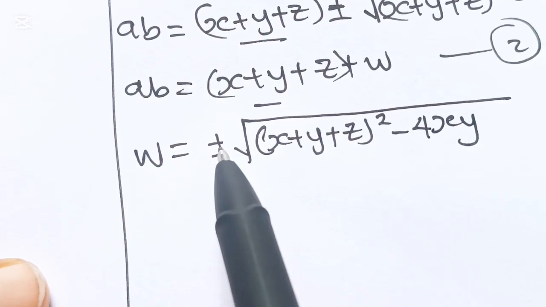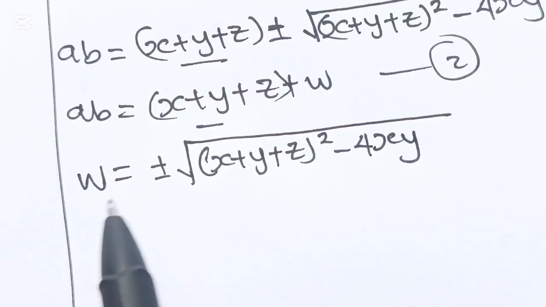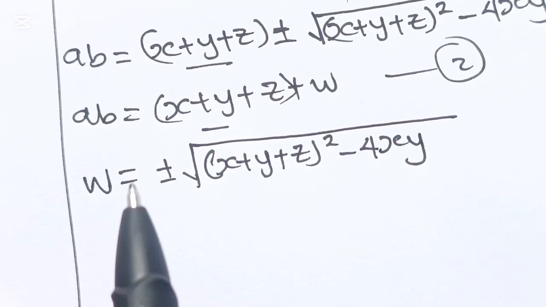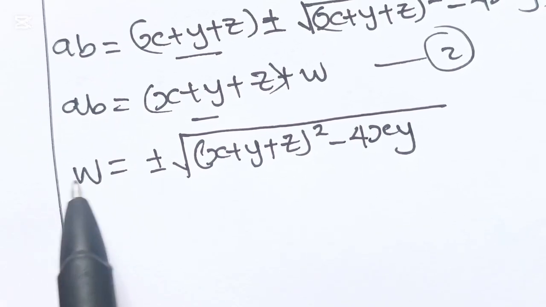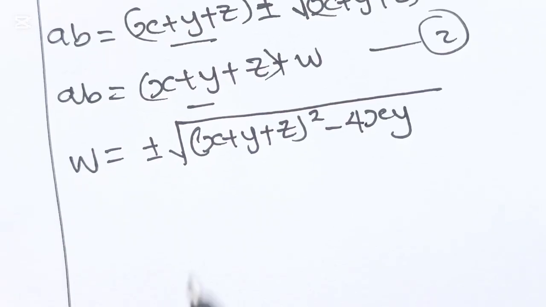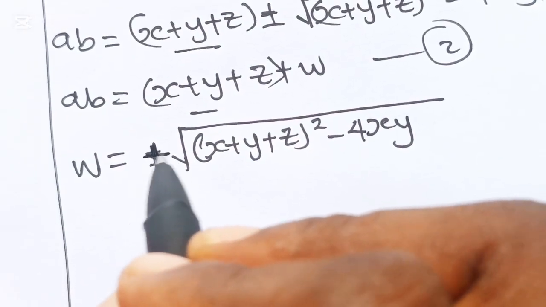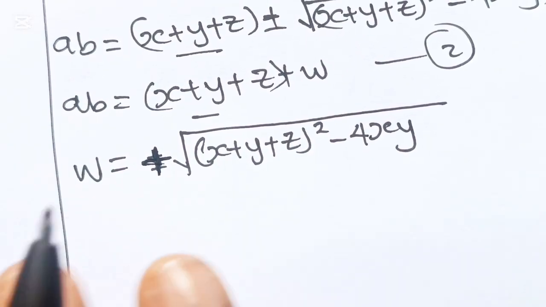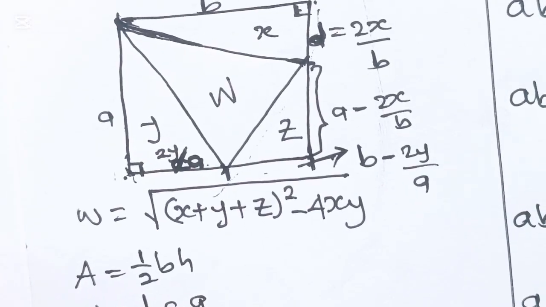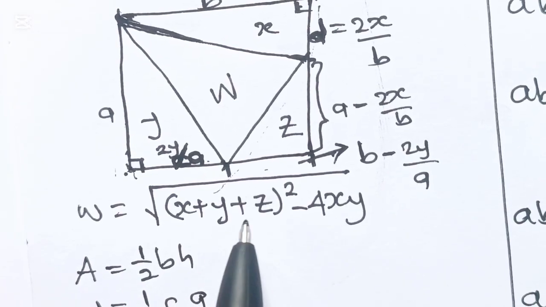Now our answer cannot be plus or minus, because remember that w is the area of a shape, and the area of a shape is always positive. So we only take the positive answer, and that leads us to this. Yes, so that is how this is gotten.